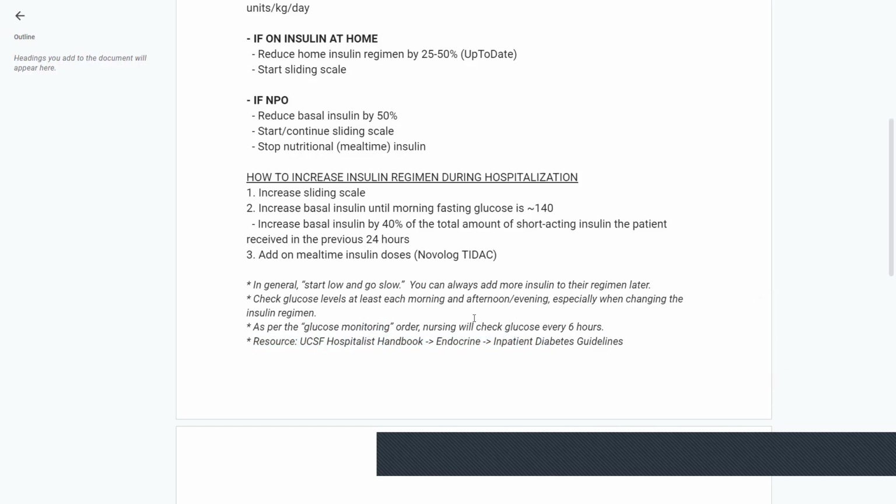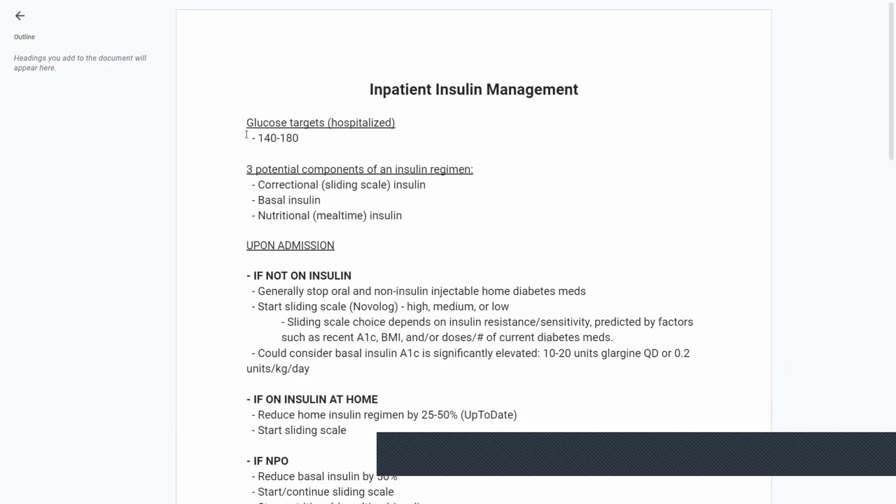At the same time, though, it is possible to die from hypoglycemia within a 6 hour period. You could very easily give someone too much insulin, and within that 6 hour period, their sugars could get too low and they could die. So a lot of times we err on the side of the sugars being too high in the hospital versus too low.